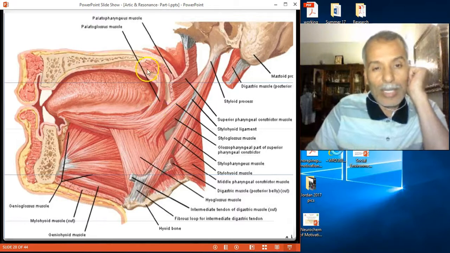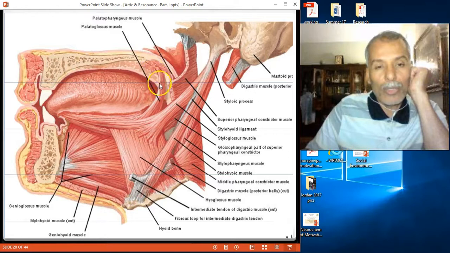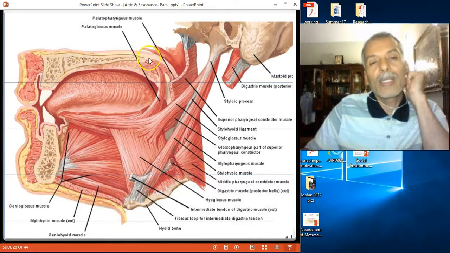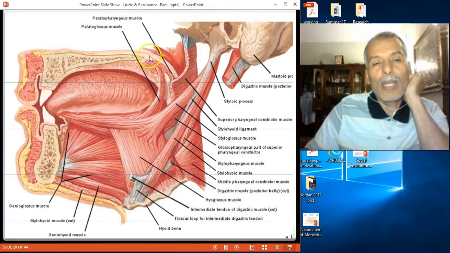Here is the muscle that we are talking about, the palatoglossus. And here is the edge of the palatine bone, and this tissue here is the palatal aponeurosis, and this is the origin of the muscle.